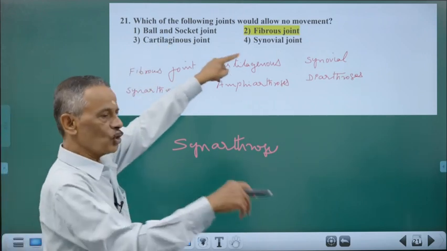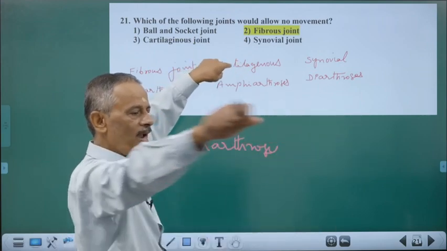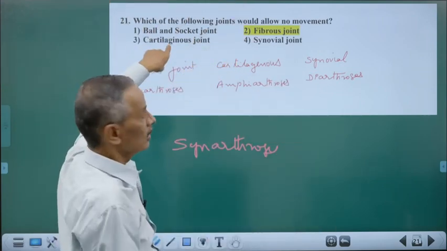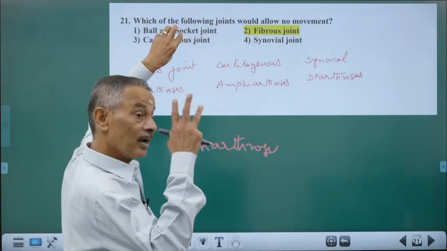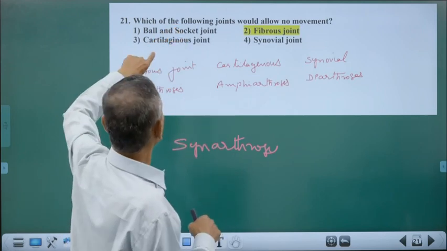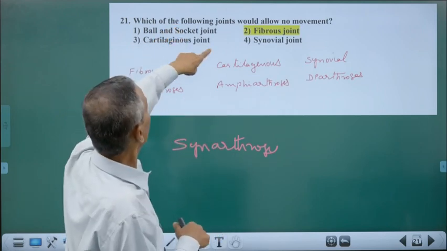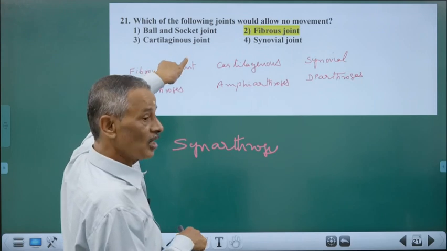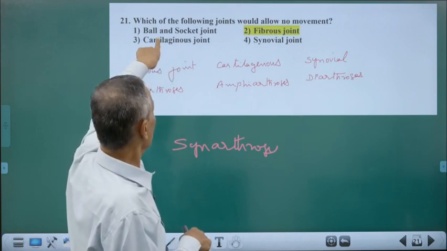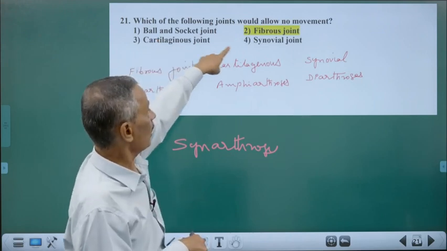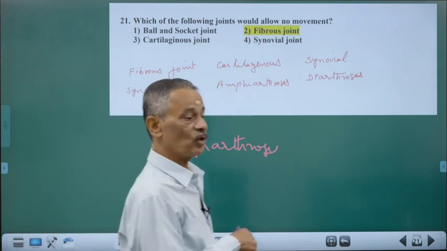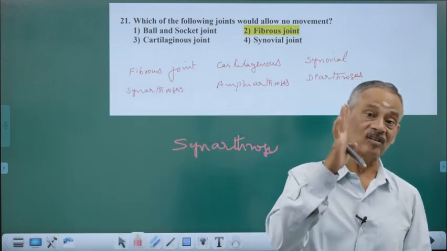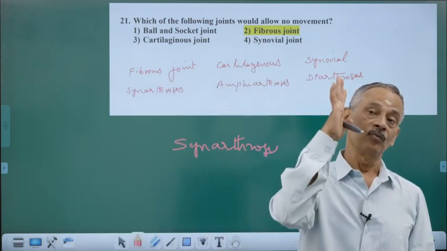Ball and socket joint is freely movable, with maximum degree of movement in free planes. Cartilaginous joint is slightly movable. It is called amphiarthrosis. Ball and socket is also a synovial joint. What is synovial? It allows maximum degree of movement, or free movement.